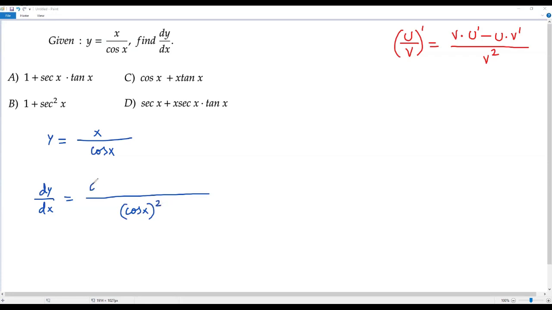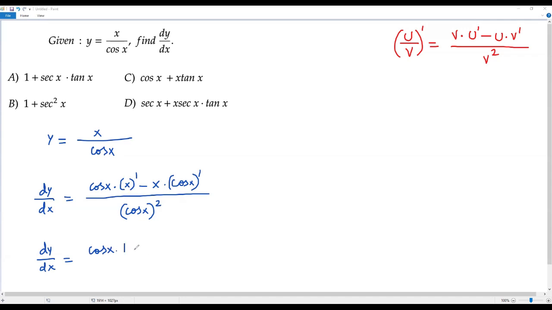Now the same denominator cosine x should be taken over here, times the derivative of the numerator, that is x prime. Now I take a negative sign. Now I keep this numerator x as it is and take the derivative of the denominator, that is cosine x prime. So dy over dx equals cosine x times, the derivative of x with respect to x is just 1.